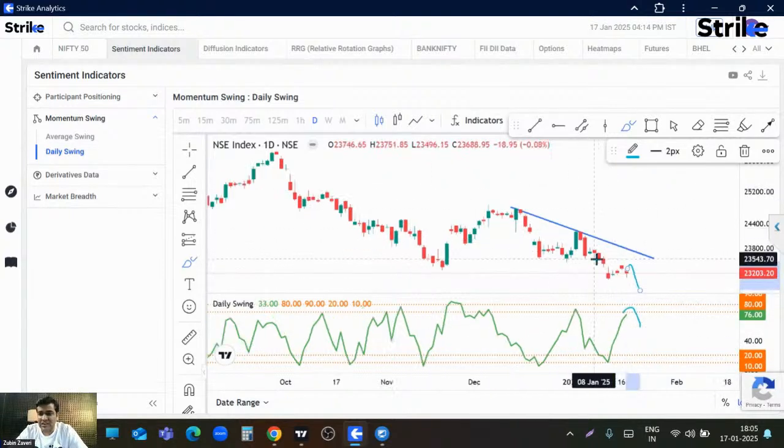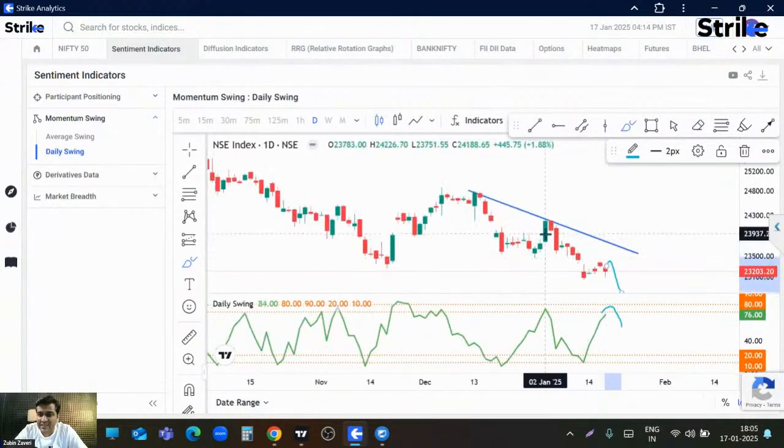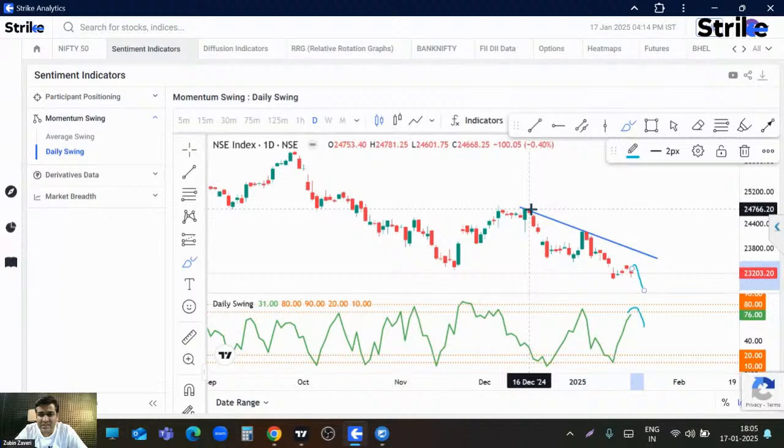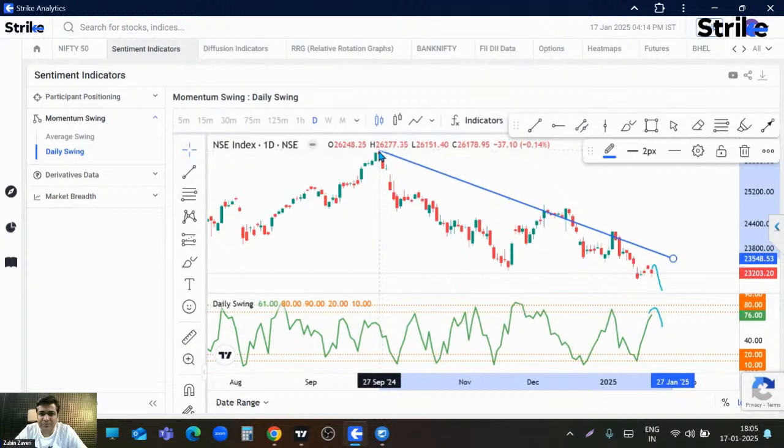Okay, since this is a downtrend, look at the oversold conditions, like what happened over here. After a nice green candle on 2nd of January, the momentum had turned bullish. But what happened? It took resistance from this particular trend line over here. Let me draw and connect this.